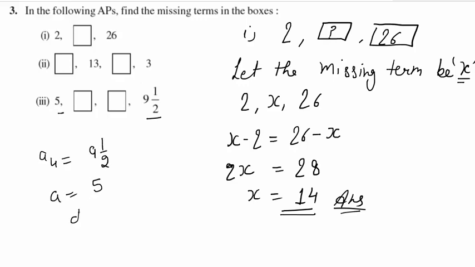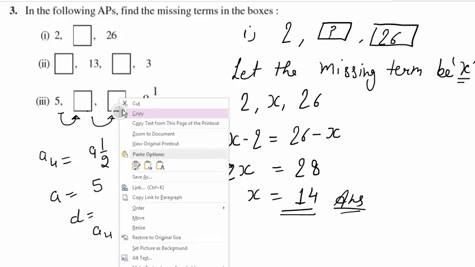Then you will find D by using the formula A4 equals A plus n minus 1, that is 4 minus 1 into D. You will substitute the values here and find the value of D, and then complete this by adding D here. You will find the first term, and then adding D in this you will find this term.